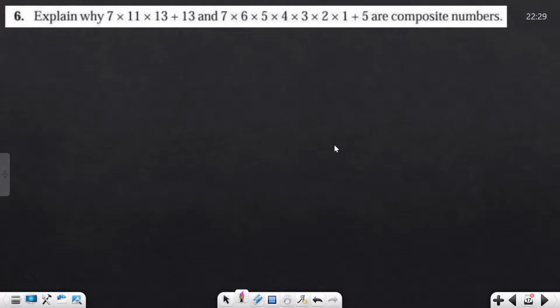Now how we explain composite numbers. A composite number means a number whose factors are more than 2.